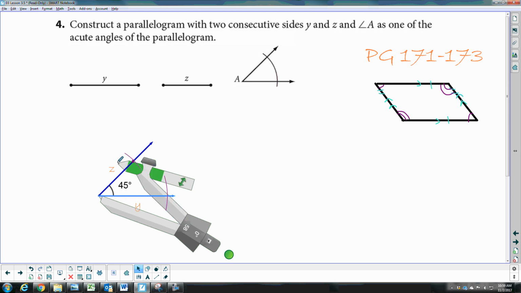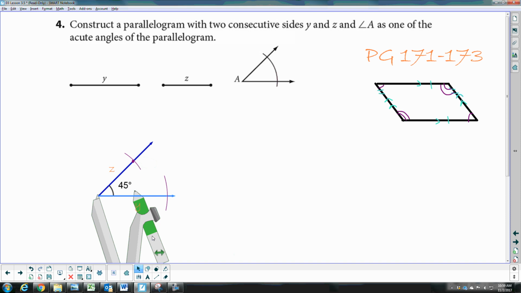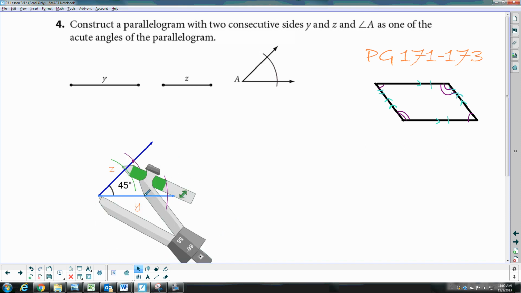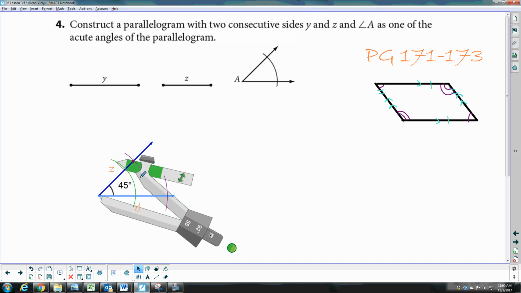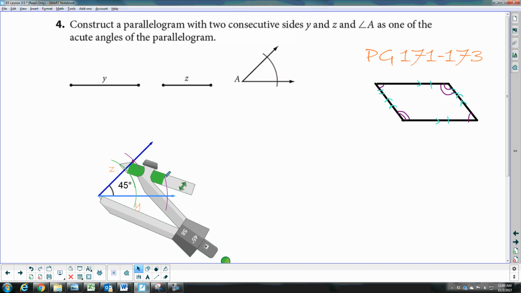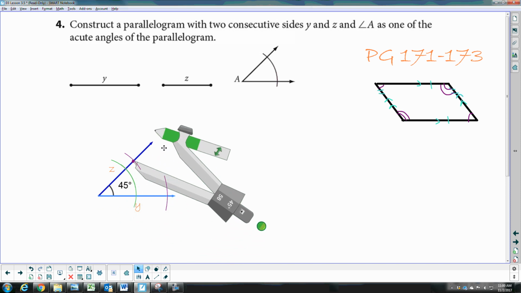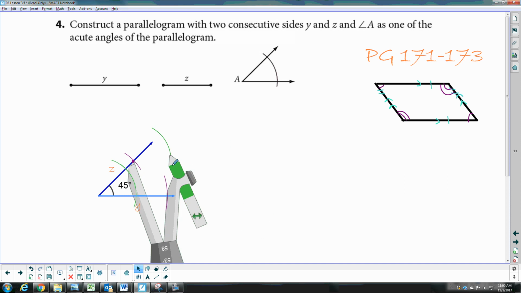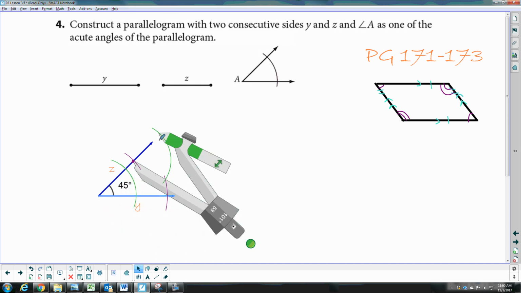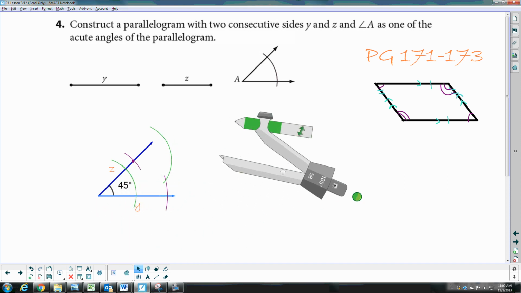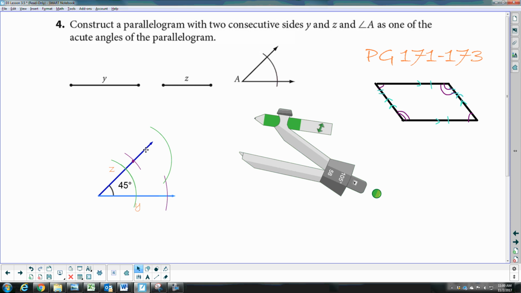All right, so start by drawing an arc here through across that angle. And then you're going to want to draw the same size arc here. And you might have to extend, like I'm clearly going to have to extend this segment a little bit.